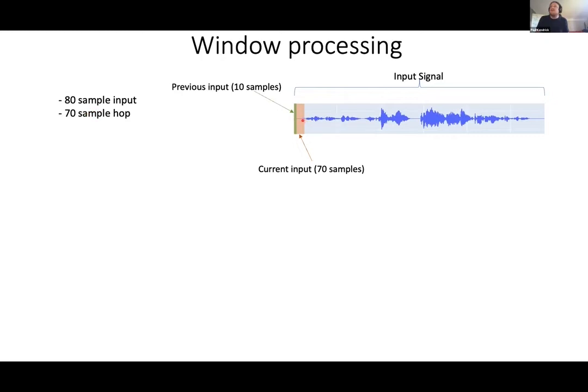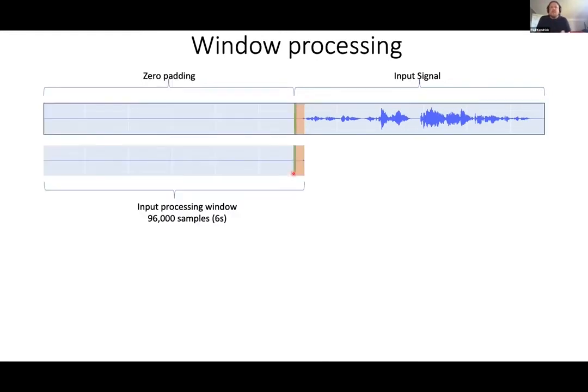So here we've got the current input in red, and then the input from the previous frame, with an overlap of 10 samples. Then I expand the input to include any samples that have occurred previously in the past. If there's no time history available, then I just use a zero pad.